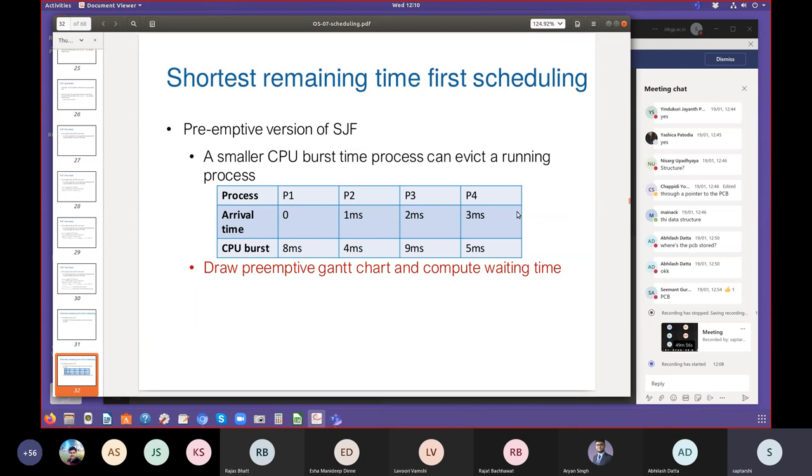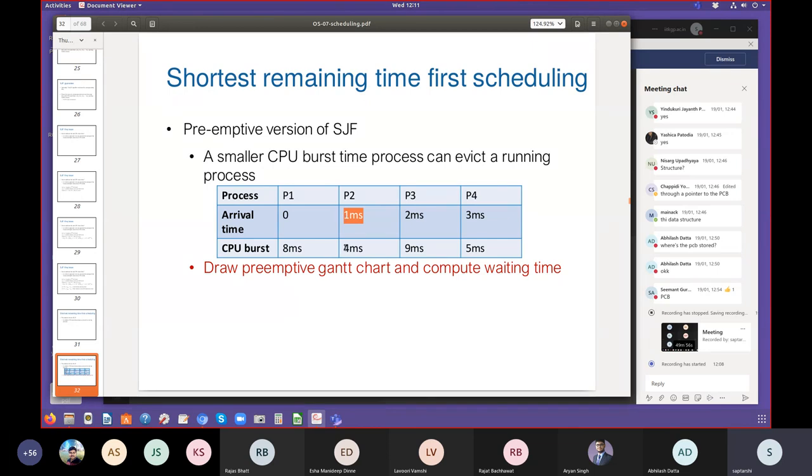You see here, the four processes are coming at different times 0, 1, 2, 3, and these are the CPU bursts. At time t equal to 0, only one process is available, P1, which has a CPU burst of 8 milliseconds. Now at time t equal to 1, P2 comes.